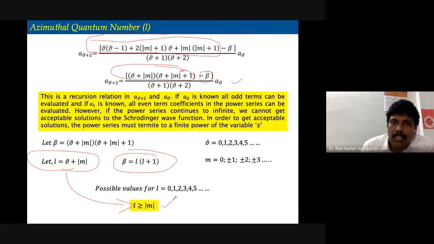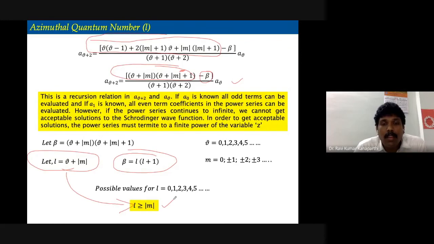What is the boundary condition here? The power series cannot go to infinity. It has to terminate at a finite power of z. When we impose that condition, we realize that the L value has to be 0, 1, 2, 3, 4, and so on.